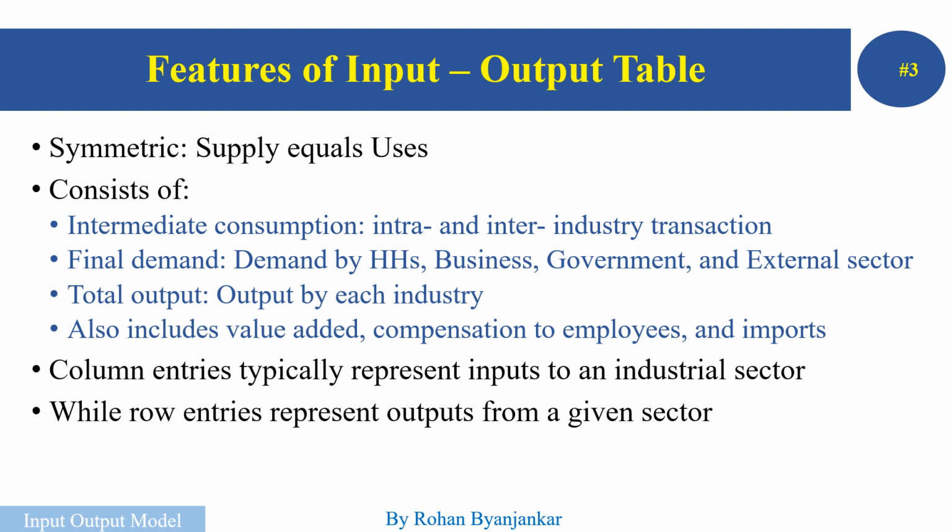Column entries typically represent input to an industrial sector, while row entries represent output from a given sector. These last two lines are the most important lines to understand the input output table, and if we remember these two lines, then our life will be easier when understanding the input output table.